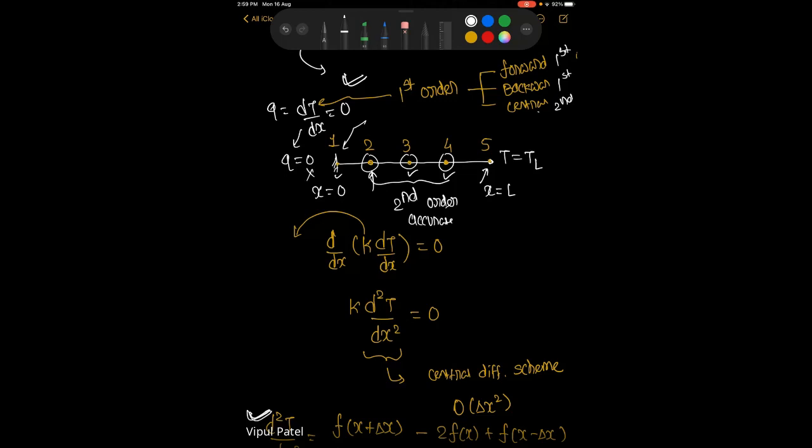We cannot use the backward scheme either, because we don't have any node on the left hand side. So you have to deal with only the forward difference approximation. But the problem is that the forward difference approximation is only first order accurate. So that is the suffering we have: for intermediate nodes we have a second order accurate scheme, but for the boundary node we have to deal with only first order accurate schemes, which may affect your results.